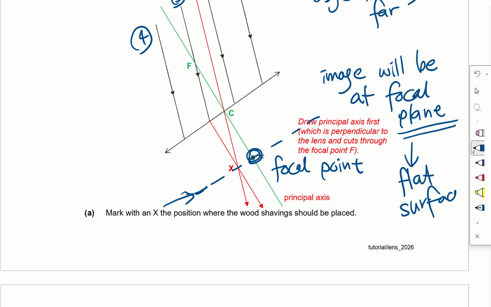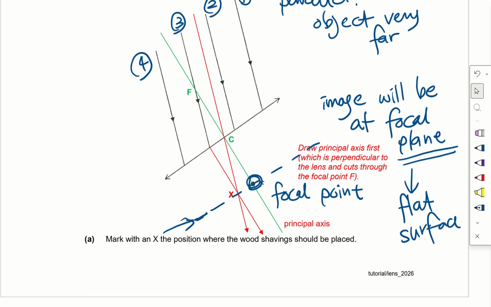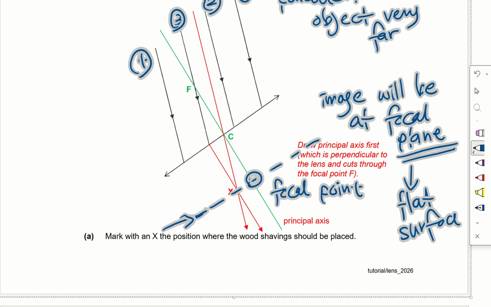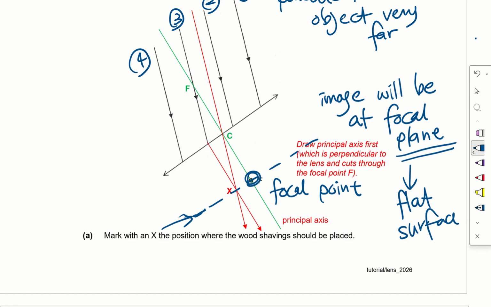Okay, now in this case, they didn't give us the optical center, but because we know that the optical center will be half of the lens, we take it that the convex lens is shaped like that. So the optical center, you can actually measure this distance, and then you can get your optical center. And the principal axis, which is this green line here, will then be perpendicular to the lens and passing through the optical center.